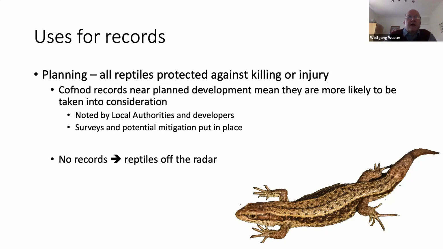If there are reptile records nearby, then hopefully local authorities and ecologists and so on will think, yeah, we need to plan for reptiles for this development and make sure that reptiles aren't harmed and that surveys and mitigation are put in place. If there are no records anywhere near there, then it may well turn out to be the case that reptiles are simply ignored altogether. Very much to their detriment.